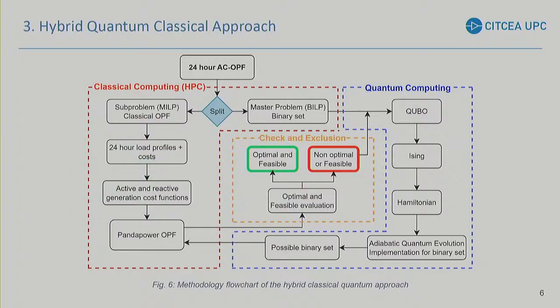Then the other problem, which is totally correlated with this classical optimal power flow, is a binary integer linear programming model. The advantage is that we create a new model with a binary set of activation and deactivation of the components. This is translated into our Hamiltonian, with some previous transformations to QUBO and Ising, and this Hamiltonian is passed through adiabatic quantum evolution.